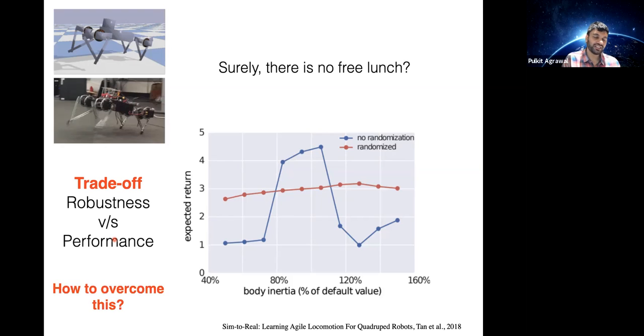A natural question is, how do we overcome this limitation? I see there's a question popping up: if the parameter space is small, we could sweep it.